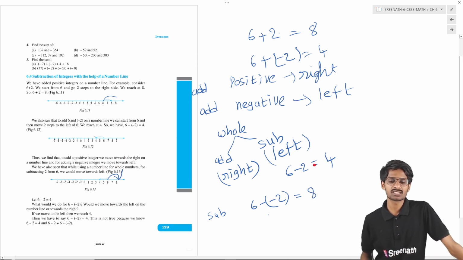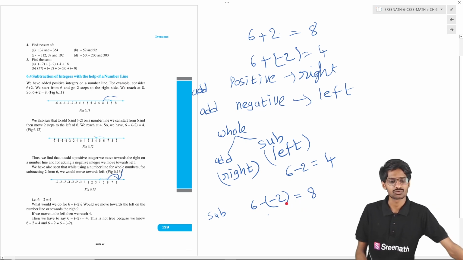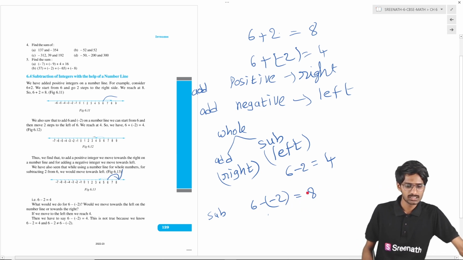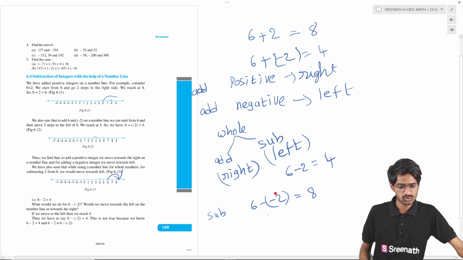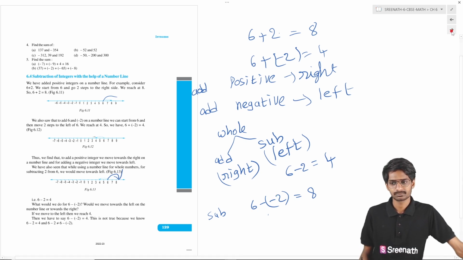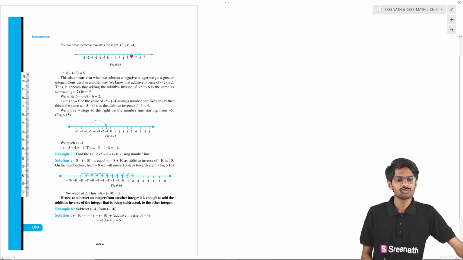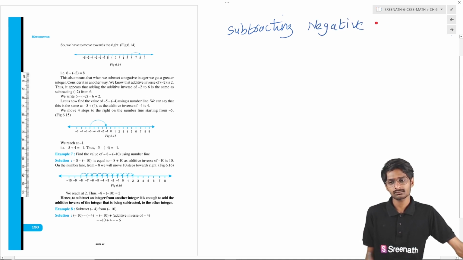Then there is a difference between 6 minus 2 and 6 minus of minus 2, students. Okay students, so this is the procedure. Then you will move towards the right and you will get the 8 position. So while subtracting a negative integer, you have to move right side.